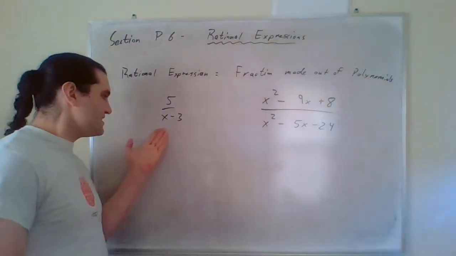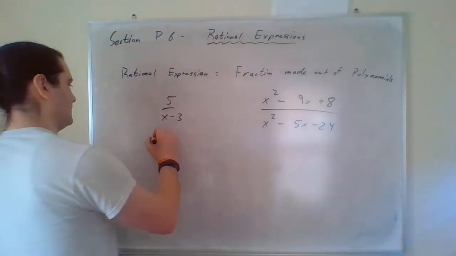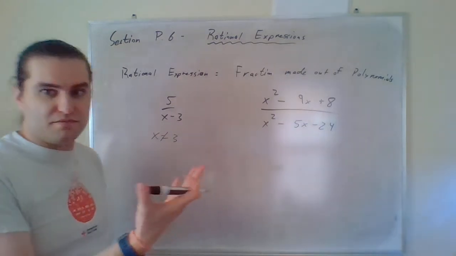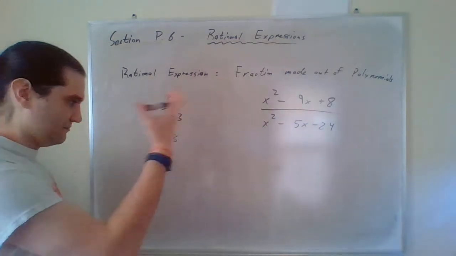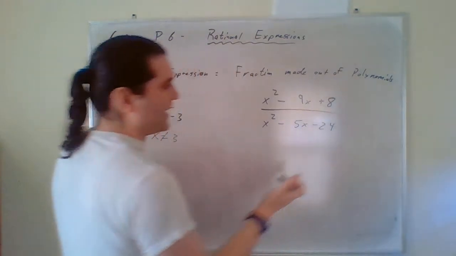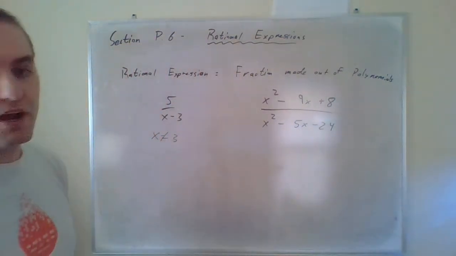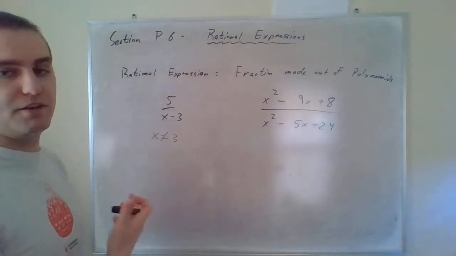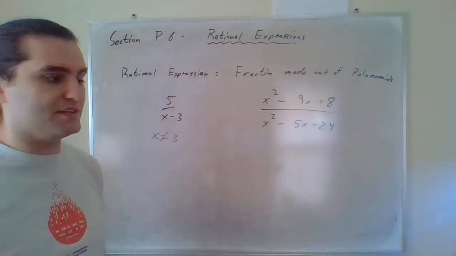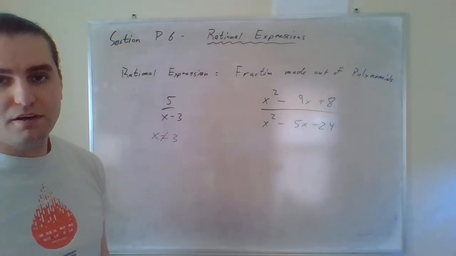For something like this, I think it's pretty clear x can't be 3. There's not a lot to that. x can't be 3. That's it. For something like this, we're going to have to do some work to figure out what the domain restrictions are. And the work we're going to have to do for these is factoring.